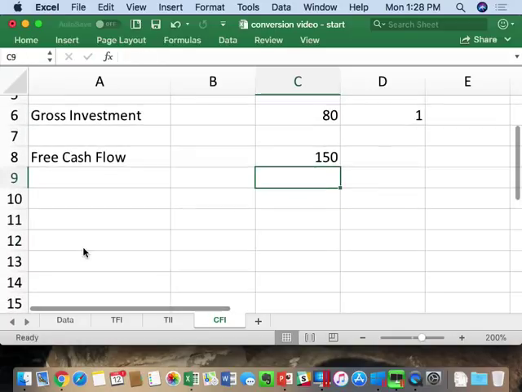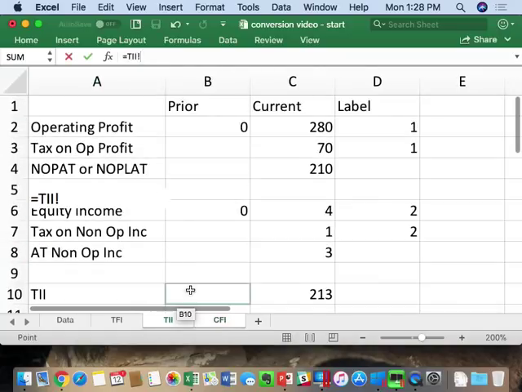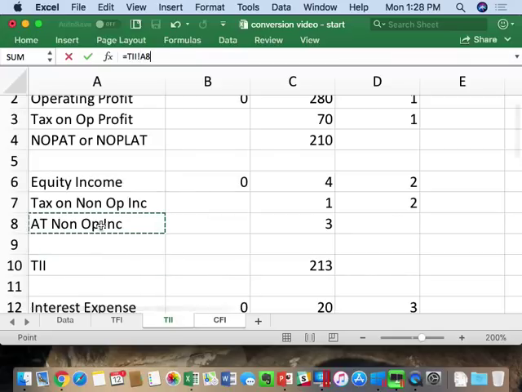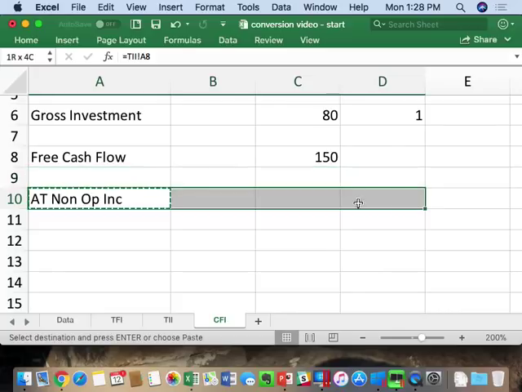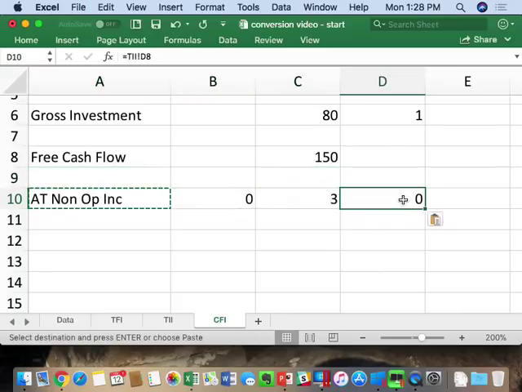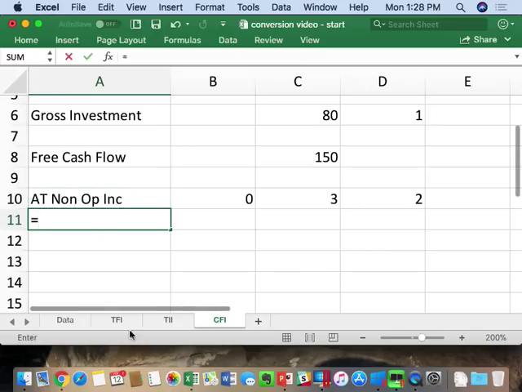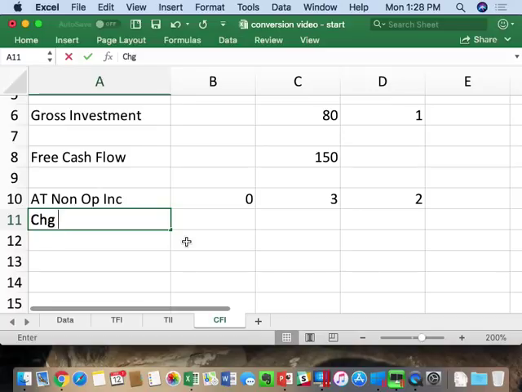Then we'll do our non-operating cash flow. Off the income statement, TII, what is that? After-tax non-operating income. So we had $3 million of after-tax non-operating income. Then change in the balance sheet, so change in non-operating capital.